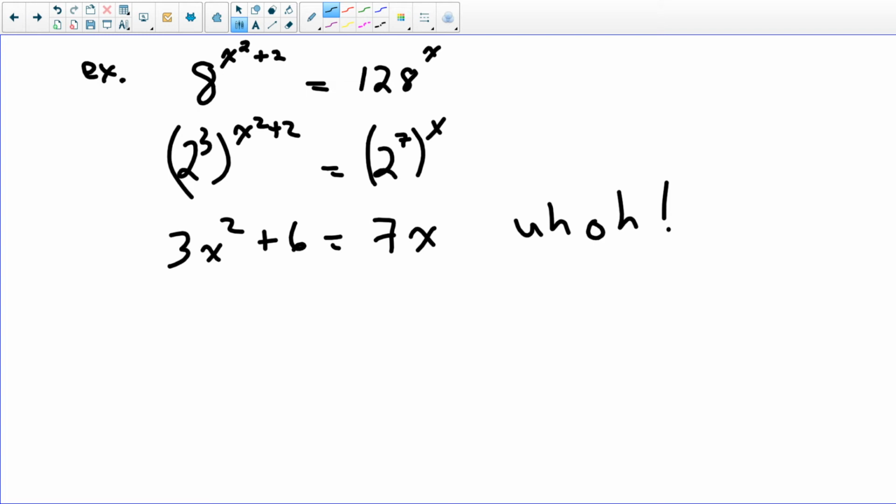Yes. This is a quadratic. You cannot solve a quadratic the same way as you solve linear scenarios. What do all quadratics have to equal to before you solve them? Correct. So we've got to bring everything over to the same side.